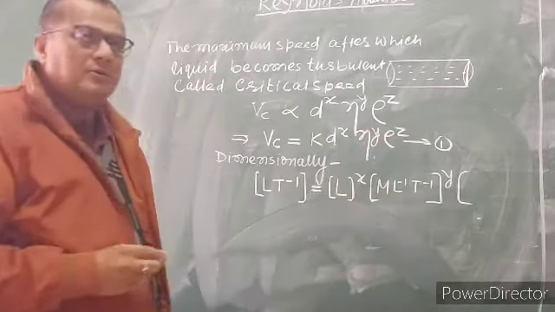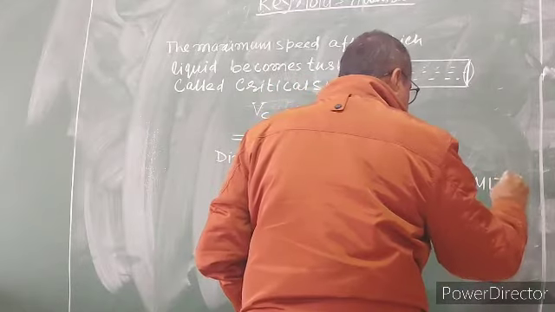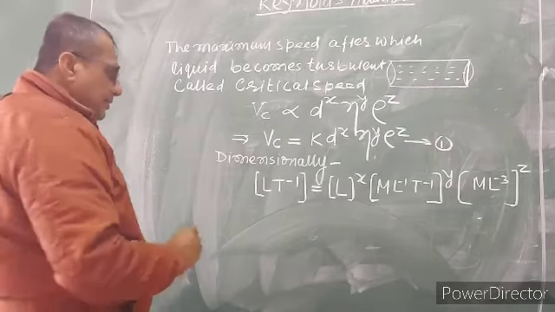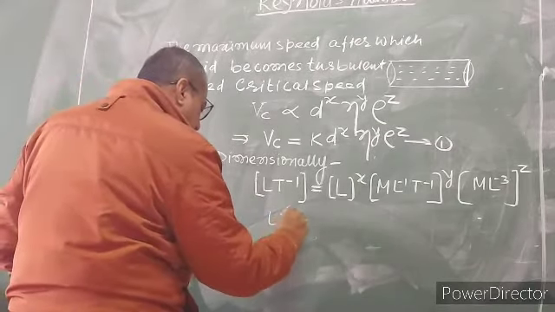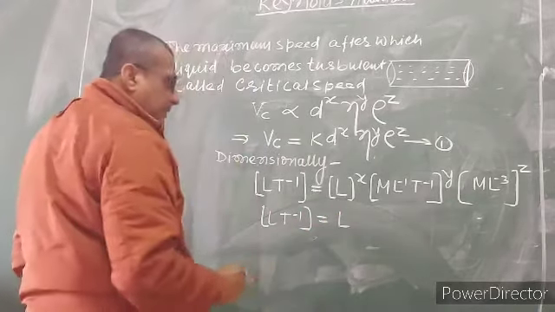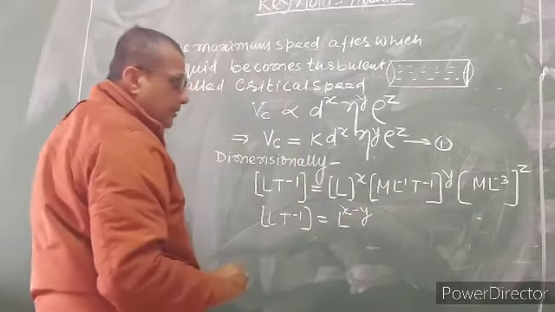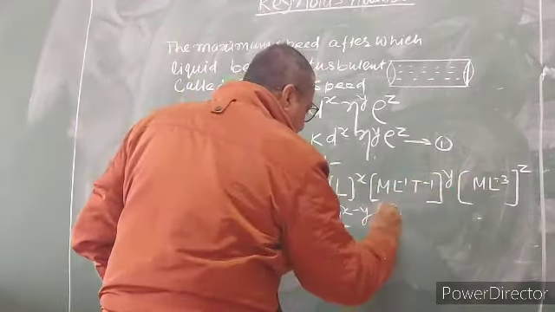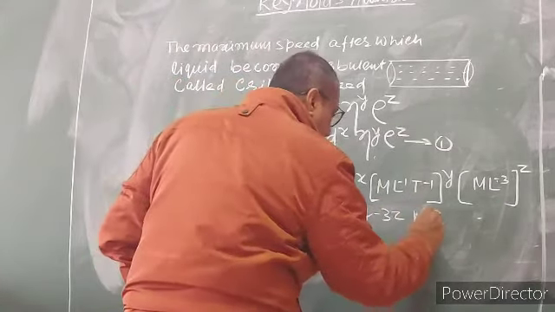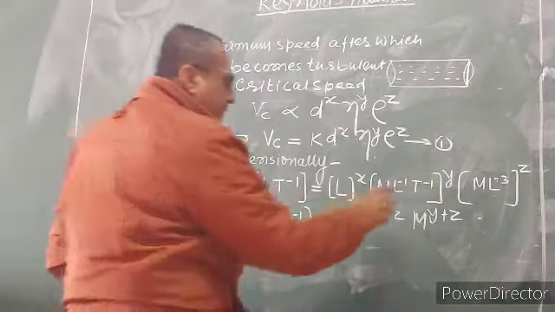And rho, density of the liquid, mass by volume, is M L minus 3 to the power z. L T minus 1 is equal to L^(x minus y minus 3z) M^(y plus z) T^(minus y).